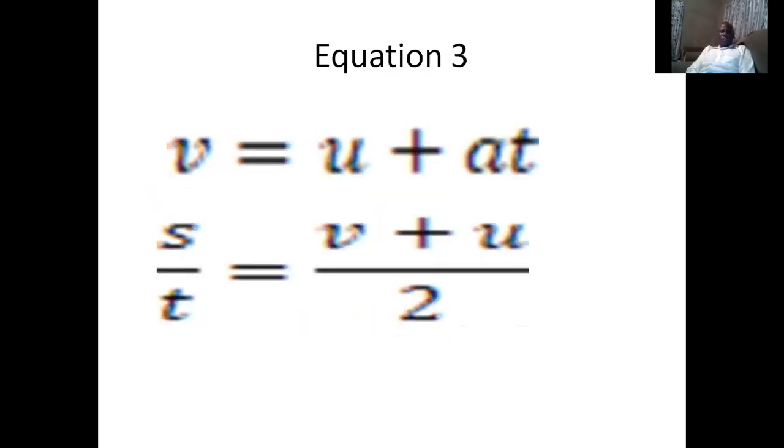And so the third equation, we can derive it from equation number 1 and equation number 2. Remember, in equation number 1, we said final velocity is equal to initial velocity plus acceleration times time.